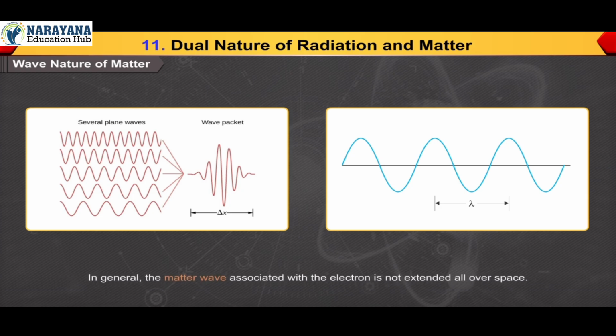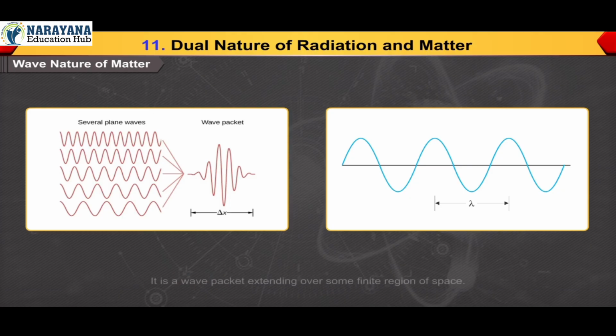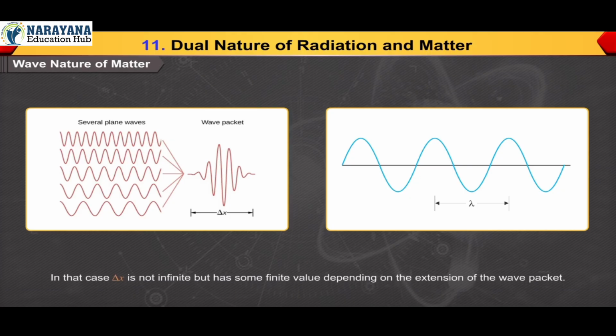In general, the matter wave associated with the electron is not extended all over space. It is a wave packet extending over some finite region of space. In that case, Δx is not infinite but has some finite value depending on the extension of the wave packet.